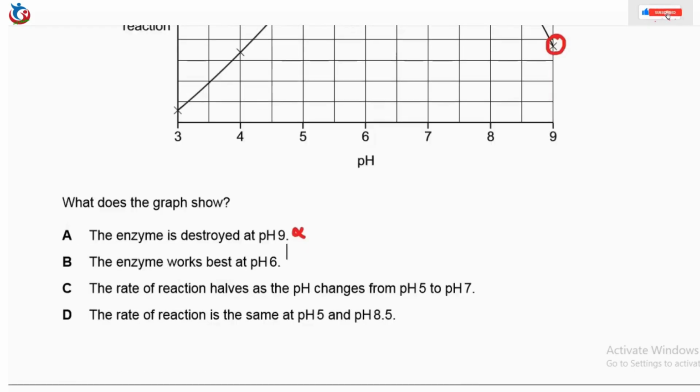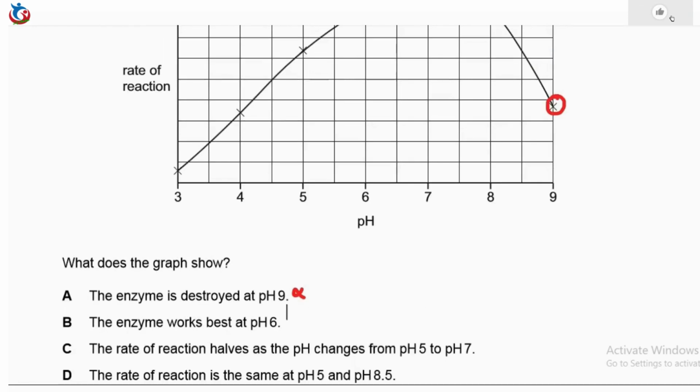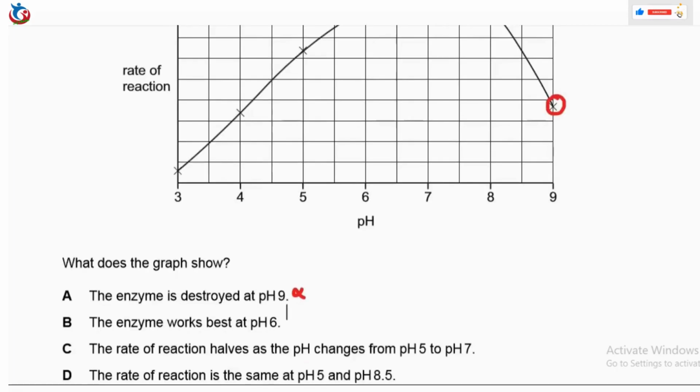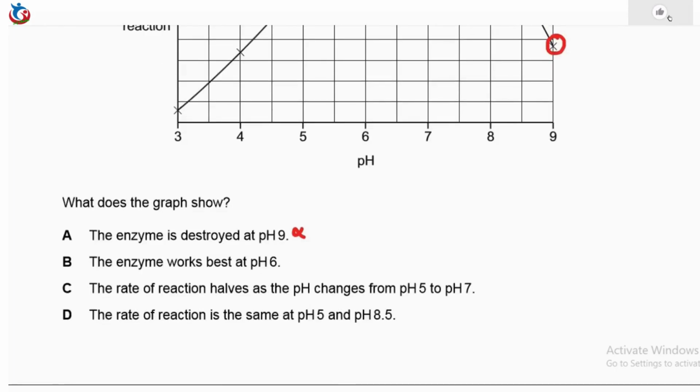Then option D, the rate of reaction is the same at pH 5 and pH 8.5. And that is absolutely correct. At pH 5 and pH 8.5, the rate of reaction is the same. That makes option D our correct answer. This one is wrong and this one is also wrong.